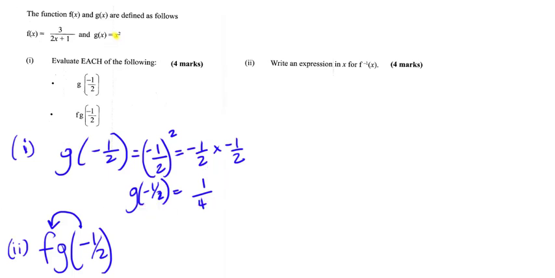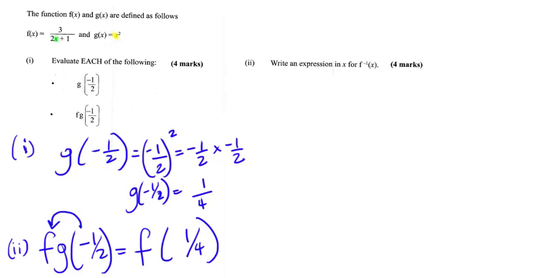Because remember, we just figured out that g of negative a half is a quarter. So I can replace my g of negative a half, and what it's really saying is that I'm just putting a quarter into f. So I'm going to put my quarter here where I see x.